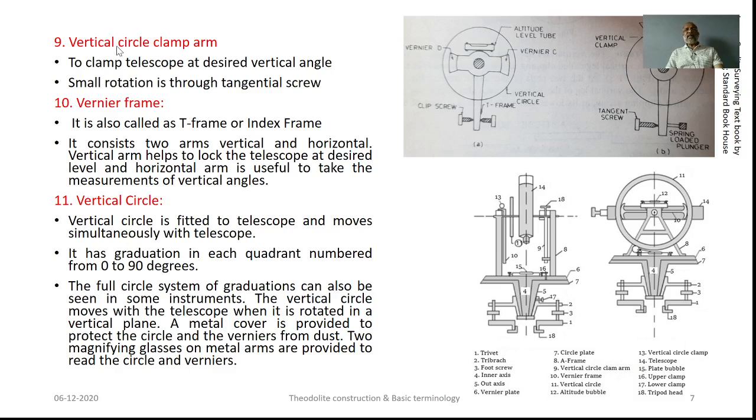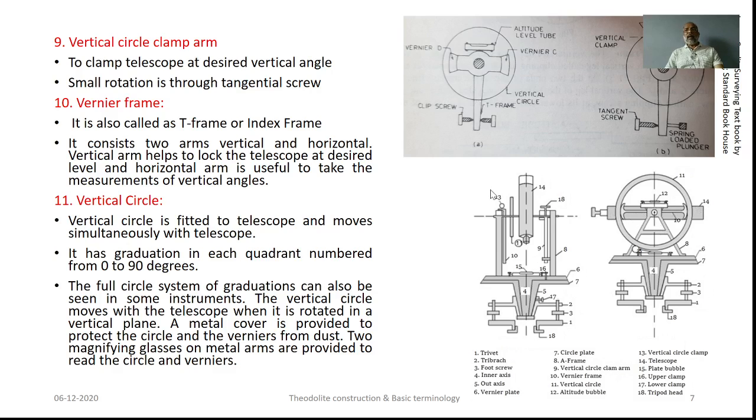There is a provision of a vertical circle clamp arm. It is an integral part of the vernier frame. This vernier frame is also called the T frame, or the index arm.